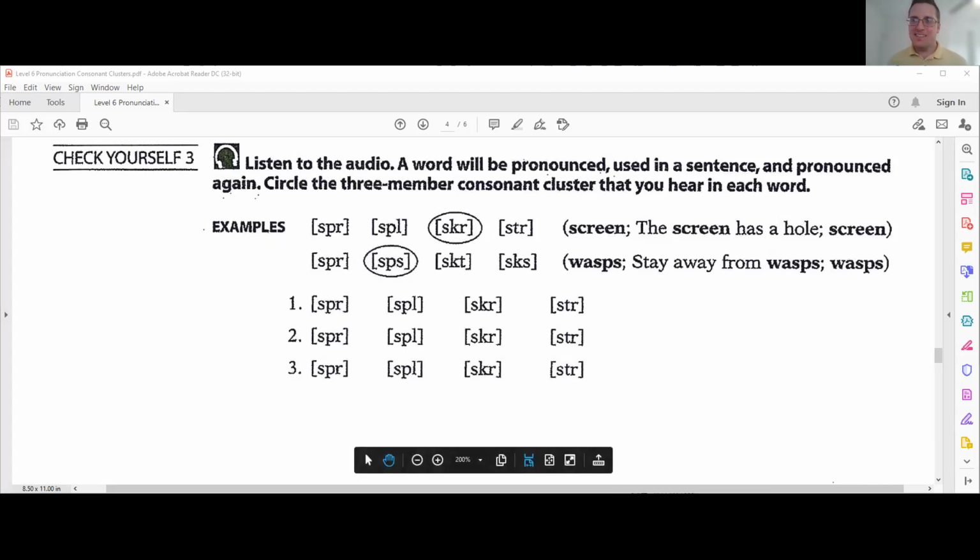All right, let's see how well you can do listening to the words and sentences that I say. Number 1, scream. When she saw the spider, she screamed.